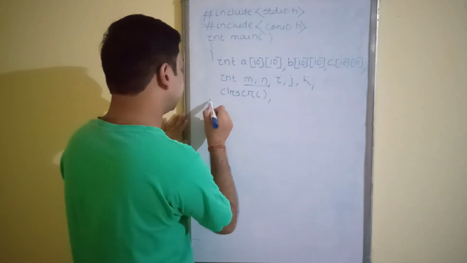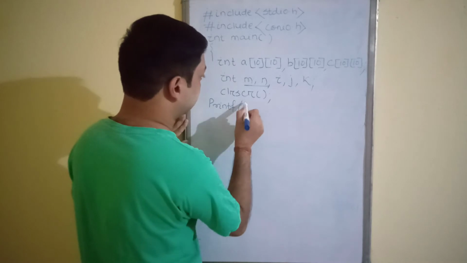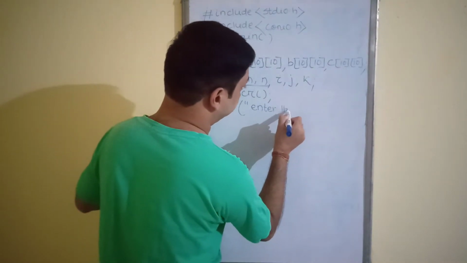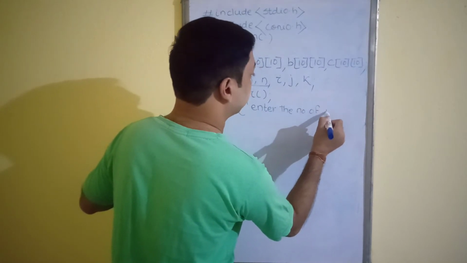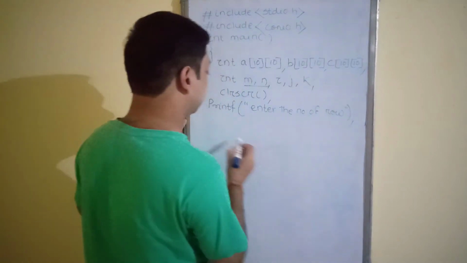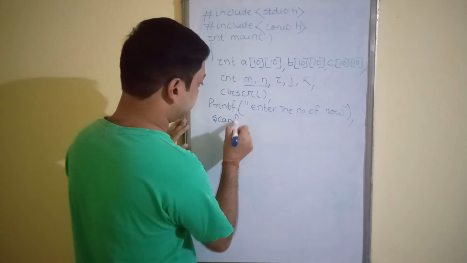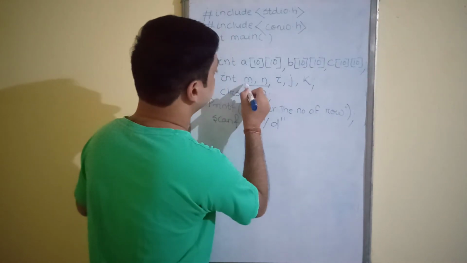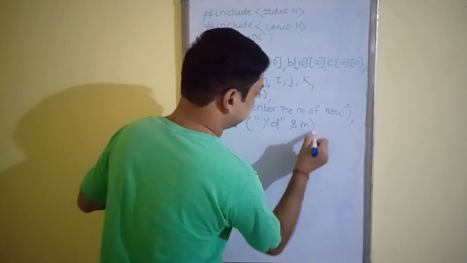So you can write here printf, enter the number of rows. Now that is scanf, %d, and the variable we have used here is m. So you can write here &m.